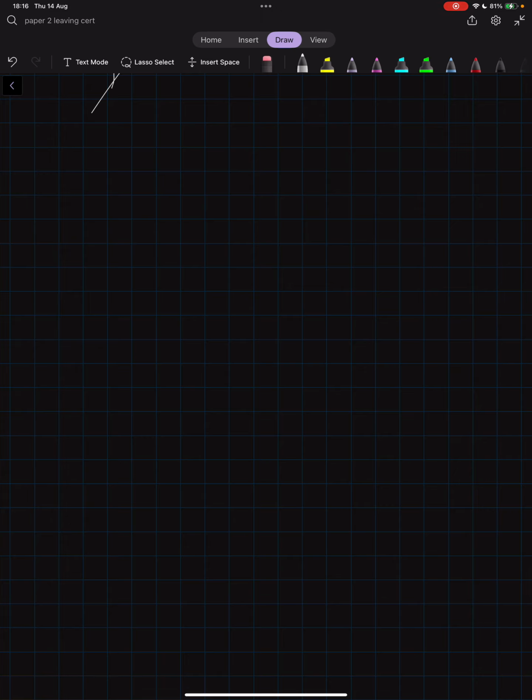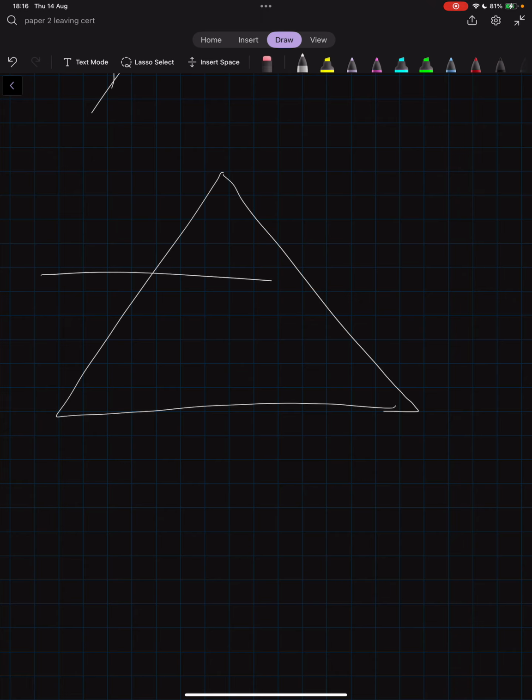So basically, if I just do a couple questions, it might be a little bit easier to understand. If I have something like this, and I have a line here and I'm told this is parallel to this, and this is x plus 2, this is 5, this is 5.5, and this is 6.6. Well, then I can say that this divided by this has to be this divided by this.